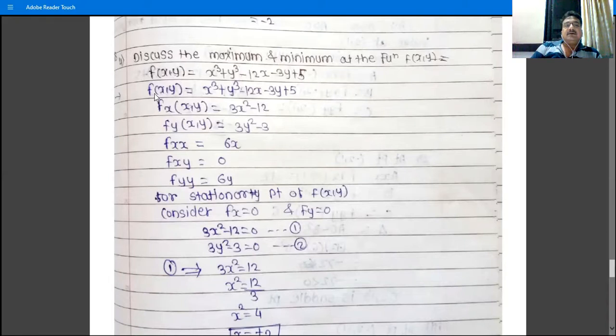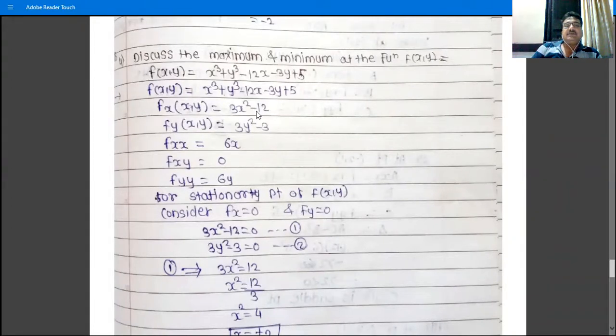Consider this as the function f(x,y) = x cube plus y cube minus 12x minus 3y plus 5. Then find the first and second order partial derivatives with respect to x and y. So fx, the partial derivative with respect to x: x cube derivative is 3x square, y cube derivative is 0, minus 12x gives minus 12, minus 3y derivative is 0, and 5 derivative is 0.